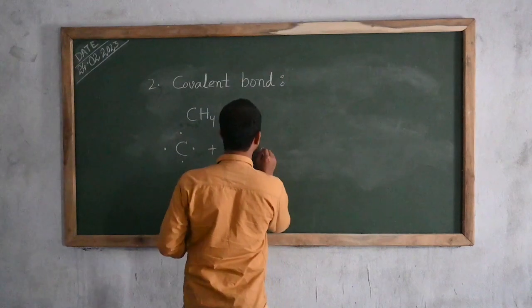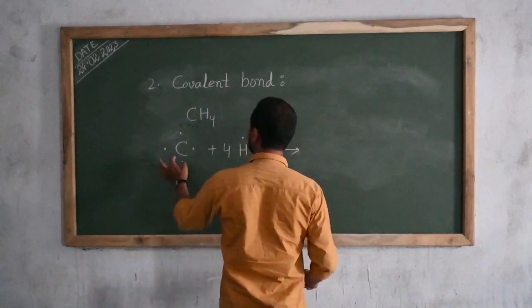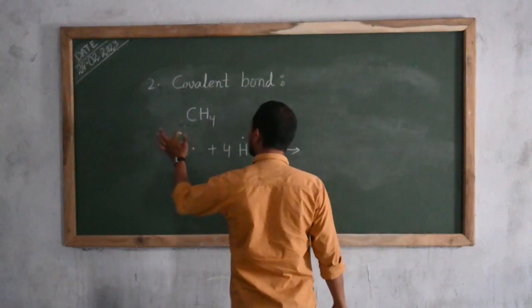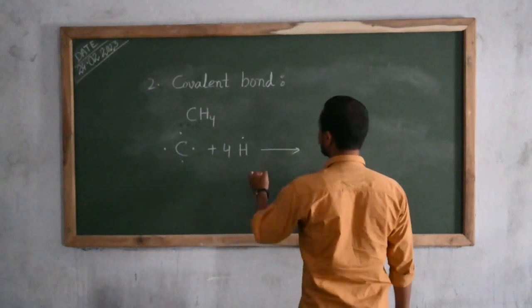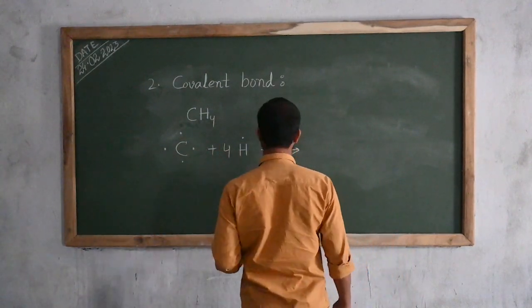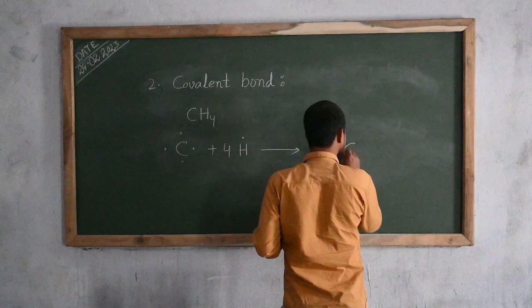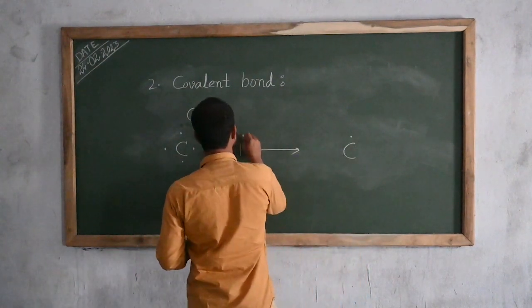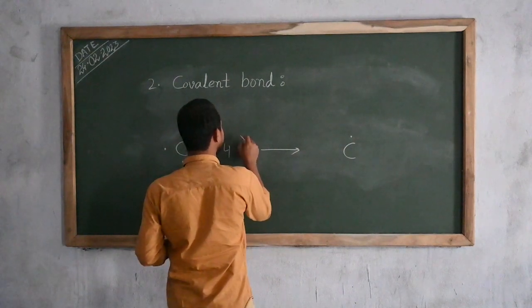Now this C atom will share its 4 electrons with the 4 different hydrogen atoms, and the 4 hydrogen atoms also share their electrons with C in this fashion.